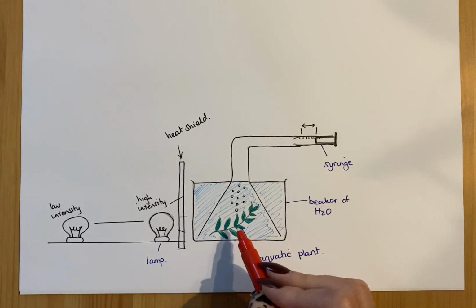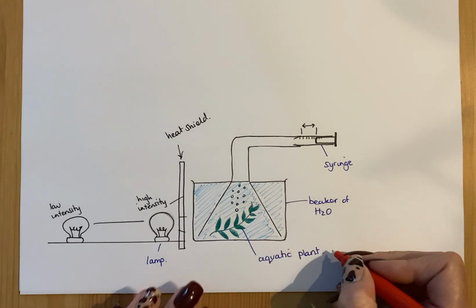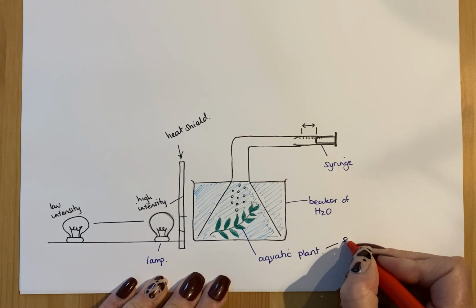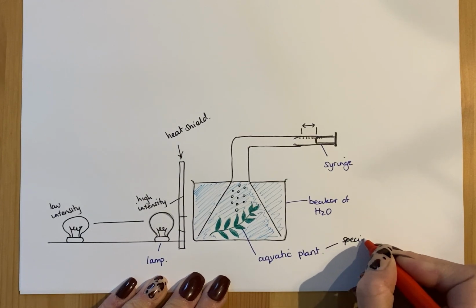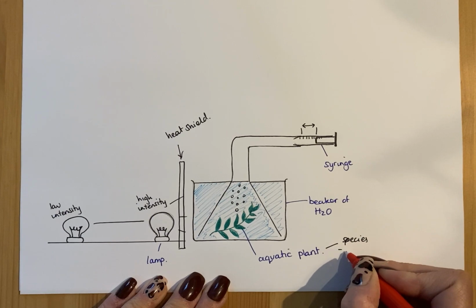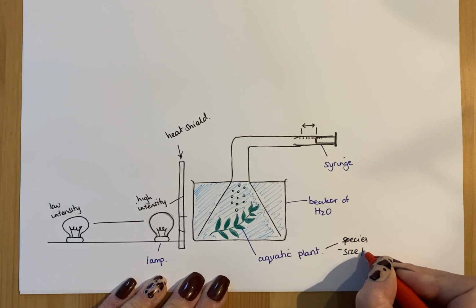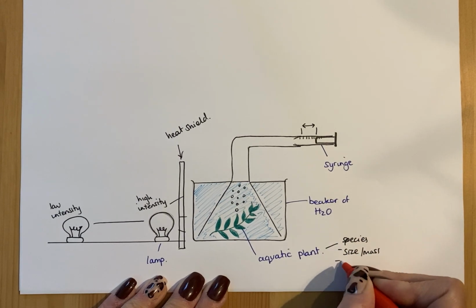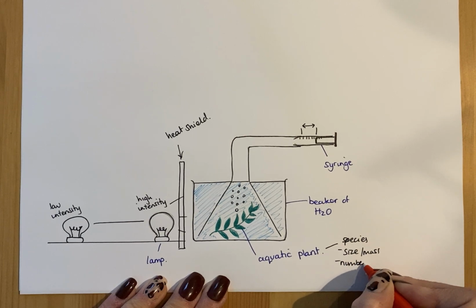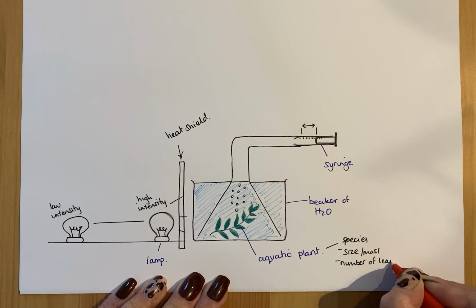Now think about the other factors that you have to keep the same. It would have to be the same species of plant, same rough size or mass, or number of leaves, or the surface area of the leaves.